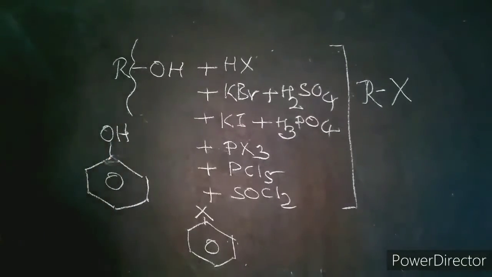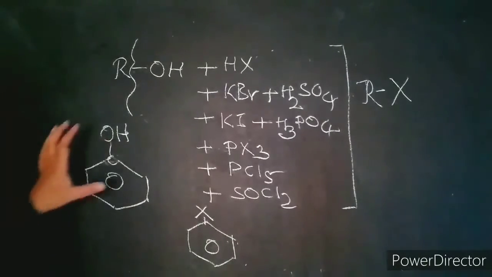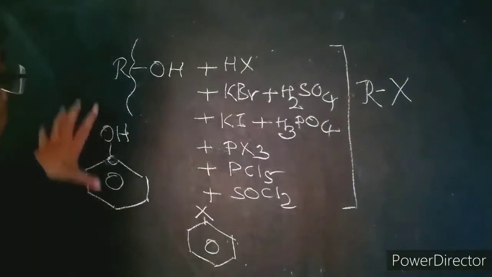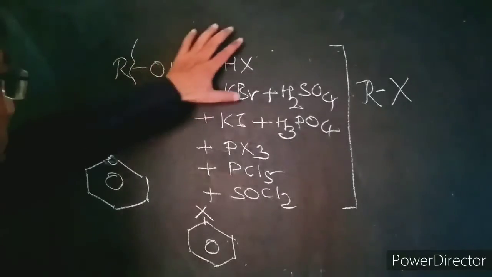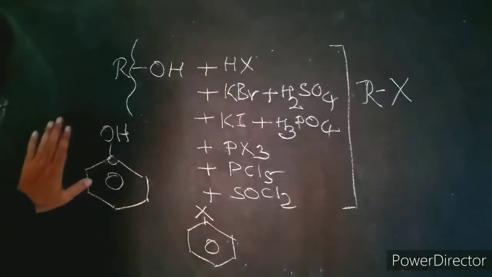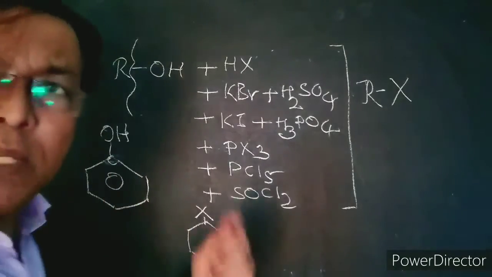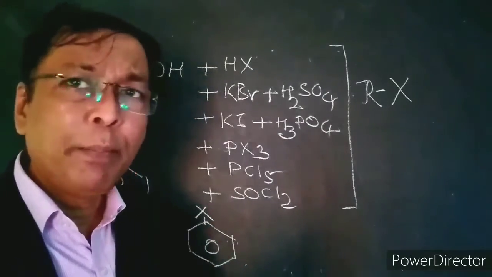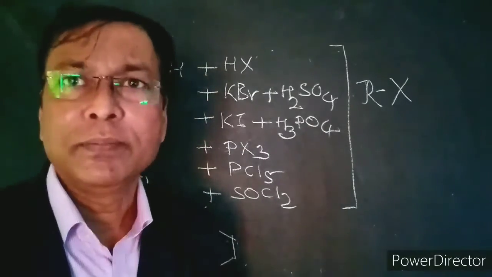Therefore, it is difficult to break the carbon and OH bond in phenol, but it is easy to break it in alcohols. Therefore, by using all these reagents, we cannot convert phenol into aryl halides. We have different methods to prepare the aryl halides that we are going to see later.